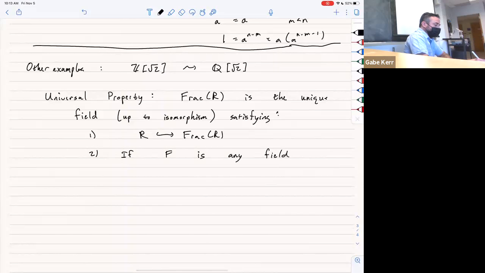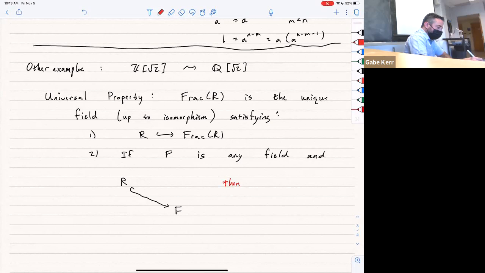And then 2, if F is any other field, and we have an inclusion of R to F, then we'll try doing it this way.